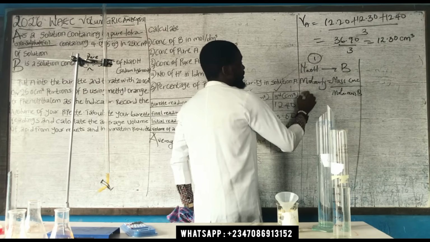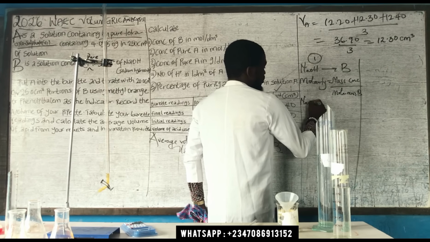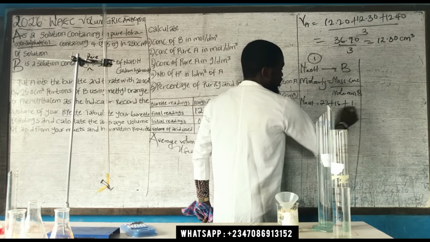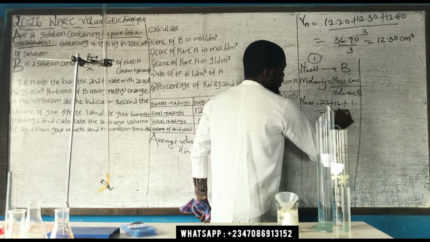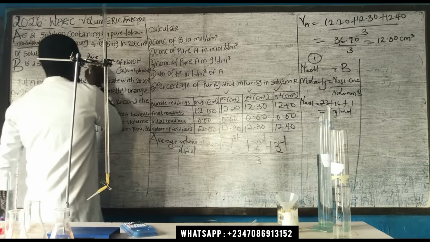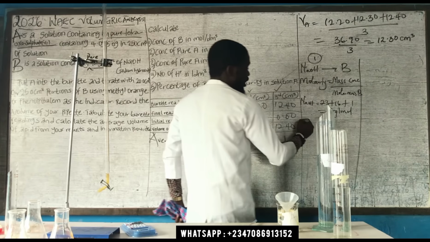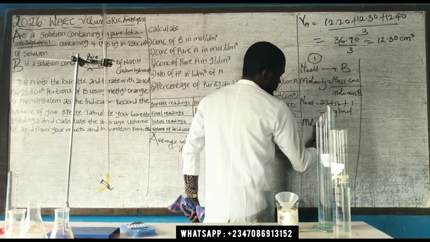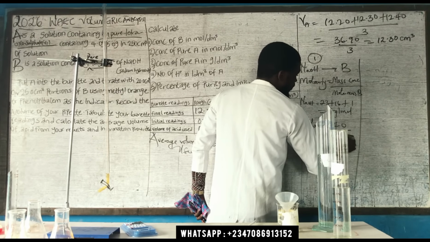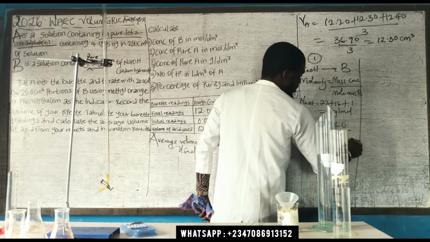Now, what is the molar mass of B? NaOH is equal to 23 plus 16 plus 1. We have 40 gram per mole. The mass given is 4. So we can easily say molarity is equal to 4.0 divided by 40 gram per mole.